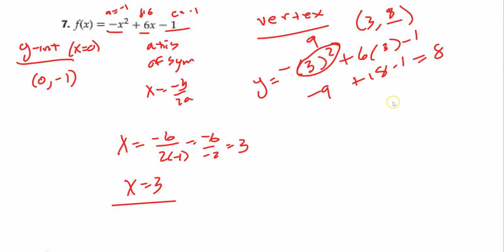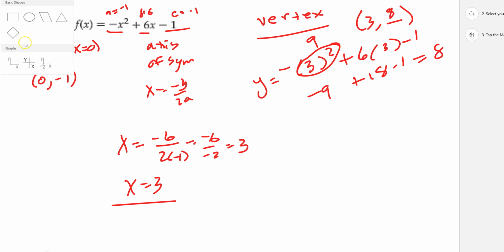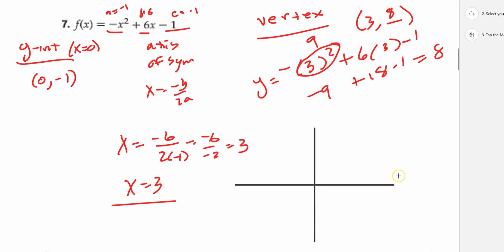So that's my vertex. Now if we're going to graph it, let's make a grid. I always forget I have shapes here. Now if I want to graph it, I just go to 3 and 8, so 1, 2, 3, then 1, 2, 3, 4, 5, 6, 7, 8.